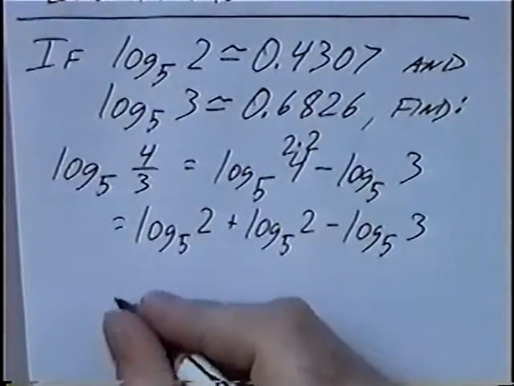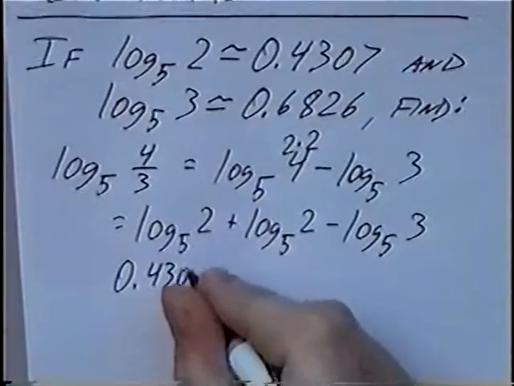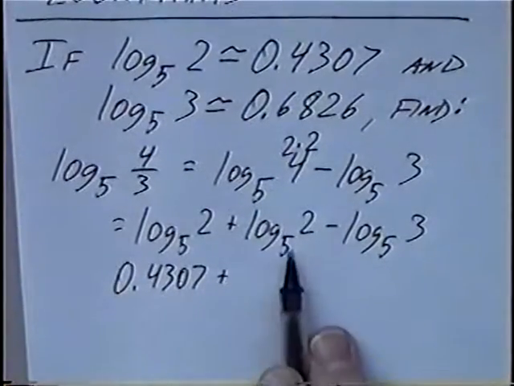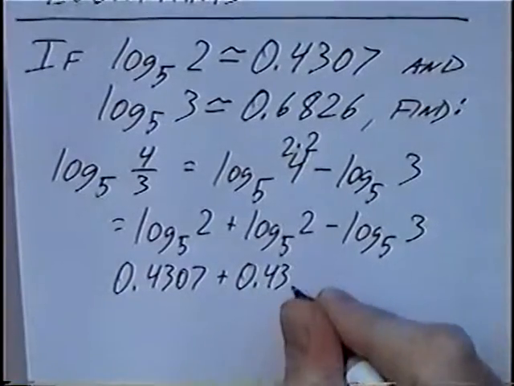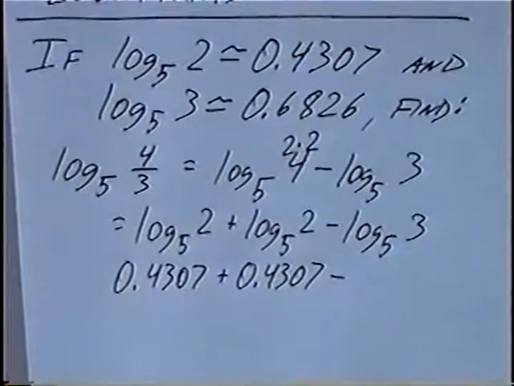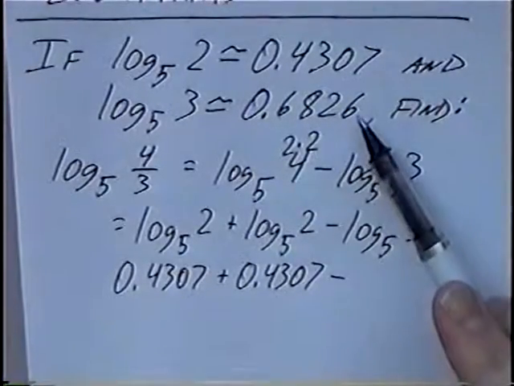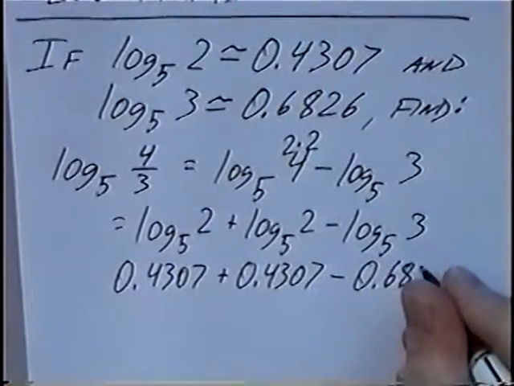Log 2 base 5 is approximately 0.4307. And the second log is the same value, 0.4307. And we'll be subtracting log 3 base 5, which again is given in the original question as 0.6826.